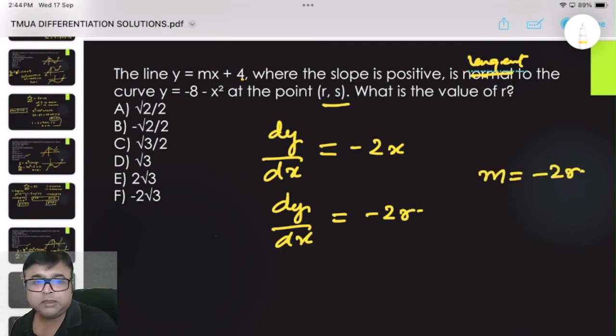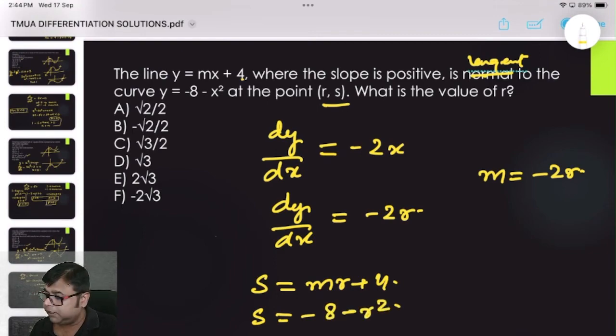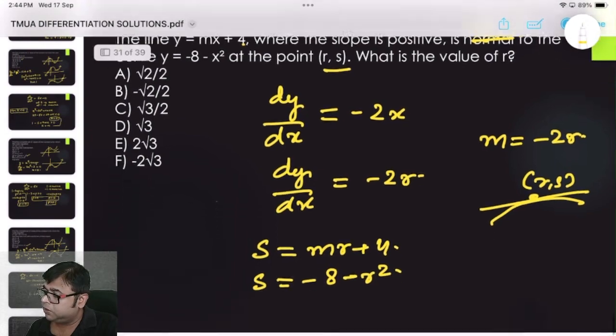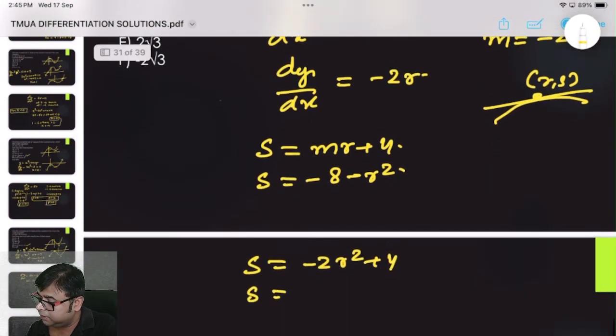Now this point also lies on the curve as well as the tangent. So I'll say s is equal to m r plus 4 and s is equal to minus 8 minus r square, because this point lies on the tangent as well as the curve. It's somewhat like this. This is r comma s. Right. So now I'll just put the value of m. So s is equal to minus 2r square plus 4, and the second is minus 8 minus r square.